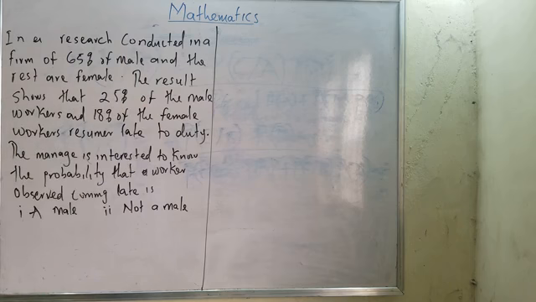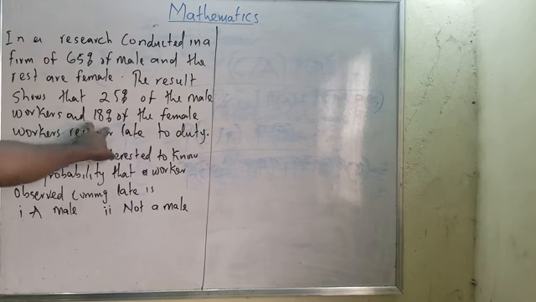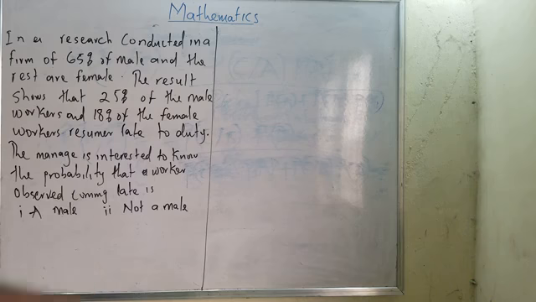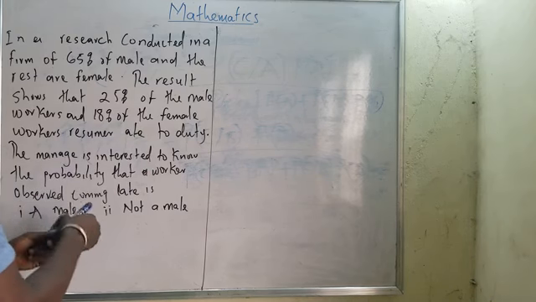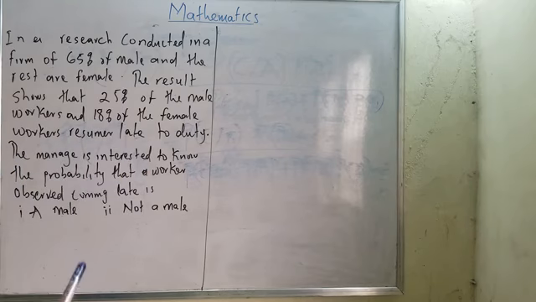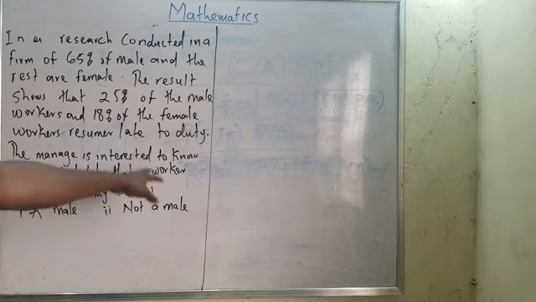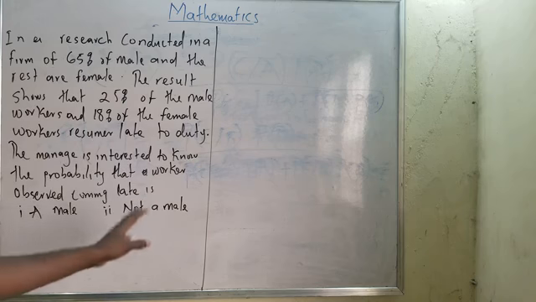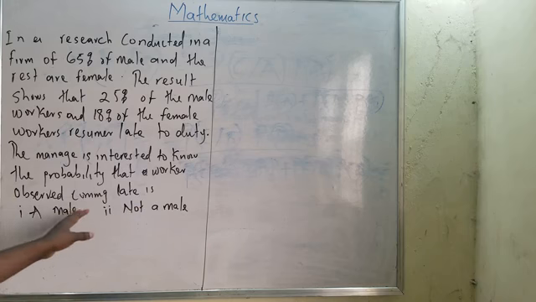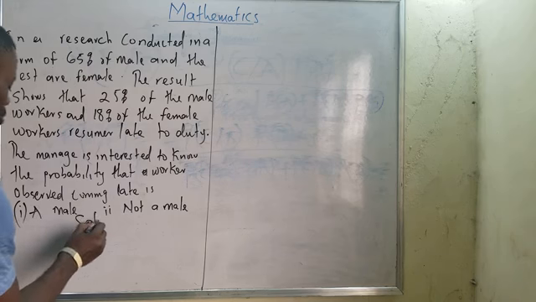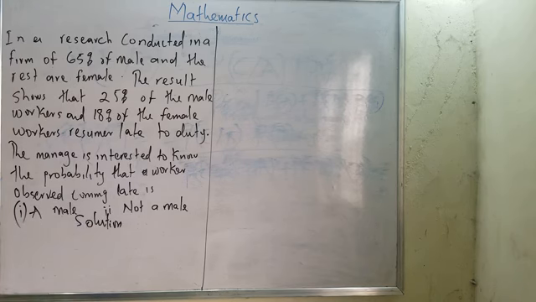The result shows that 25% of the male workers and 18% of the female workers resume late. This is L, late to duty. The manager is interested to know the probability that a worker observed coming late is, first question, a male, second question, not a male.